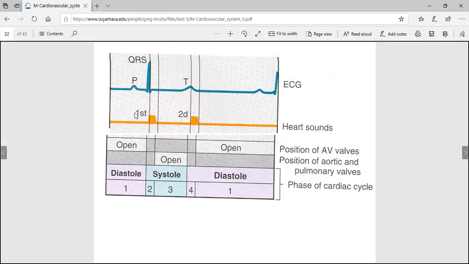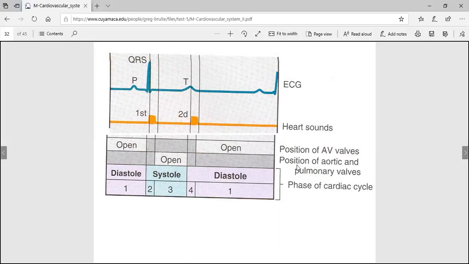This is showing you which valves are open. How I would ask this on a test, I might go, your atria are contracting. What's the position of your AV valves? Well, they're going to be open because the blood has to go from the atria into the ventricles. So if my AVs are open, my semilunars are closed.